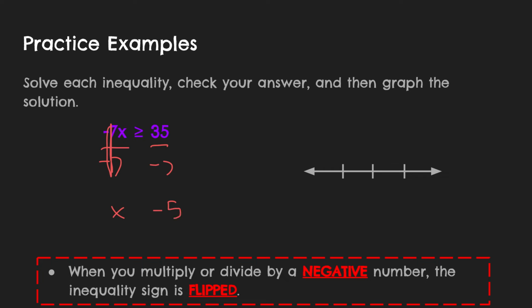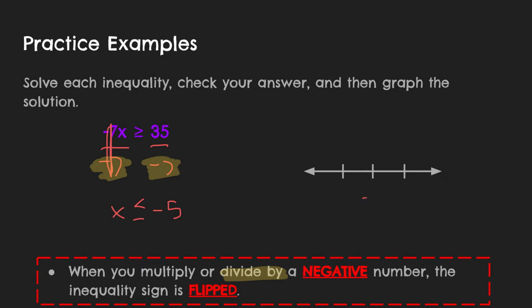Now we're going to look at what we did again. So notice we divided by a negative. So we know that our sign needs to go the other direction. So we are going to flip it to go the other way. So we're going to read that x is less than or equal to negative 5.